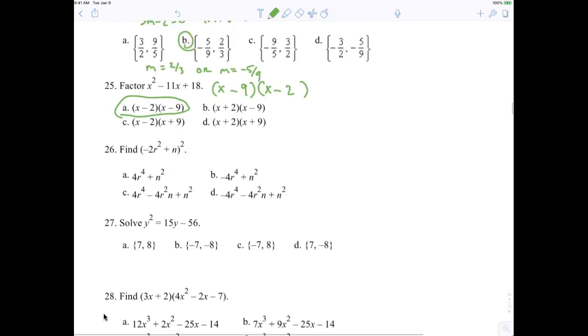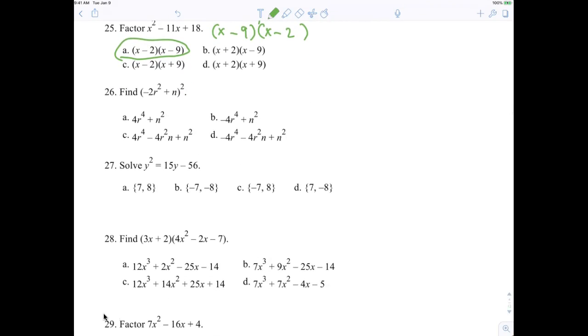All right, so let's look at 26. Again, now we're just coming over here going negative 2r squared plus n times negative 2r squared plus n. Negative 2r times negative 2r is positive 4r to the what, though? 4th. All right. Now your smiley face. This is negative 2, and this over here is what?